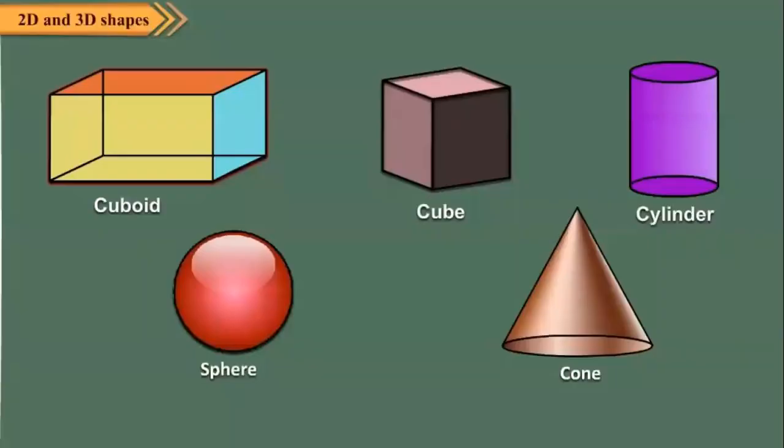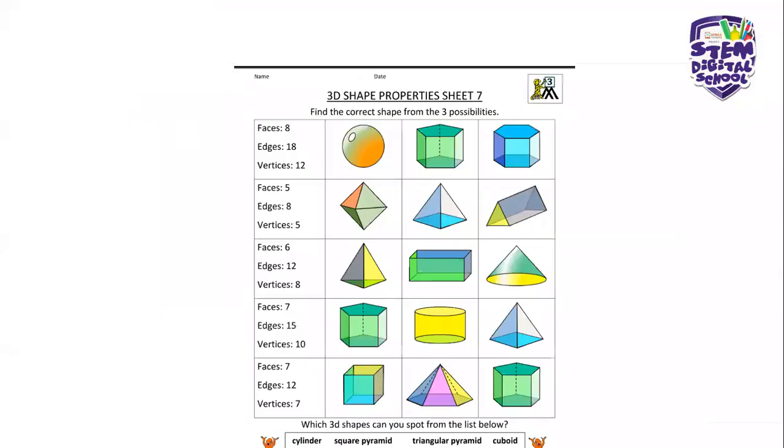Right, we spoke broadly about the cubes and the cuboids, and this we have defined together with the cone, and this we have done yesterday. We have also looked at the different shapes. If you can just check, where you had to find the correct shape from the 3 possibilities. So the first one there, we have given you the 3 possibilities, and you need to link this to the correct shape.